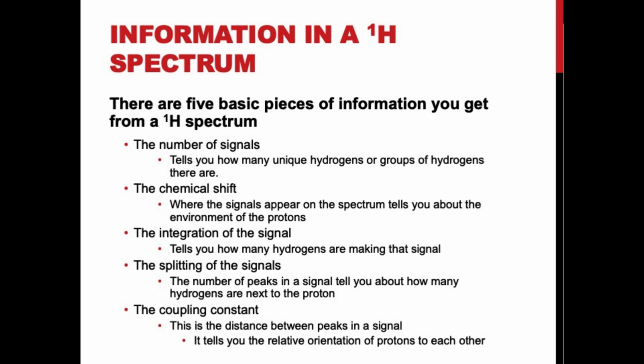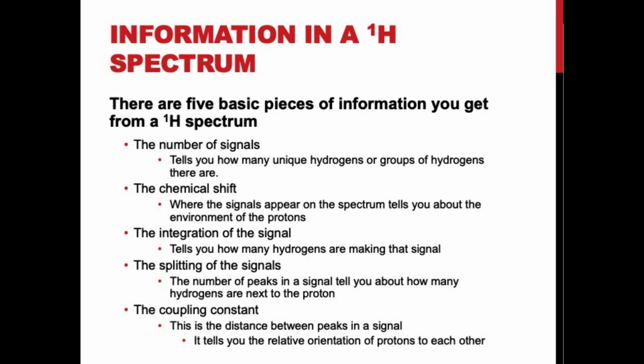How many identical hydrogens there are that all make this same signal, right? Then there's the splitting of the signal, and the number of peaks that are contained within a signal tell you about how many hydrogens are next to the proton making that signal. So it tells you how many neighbors there are on adjacent atoms.